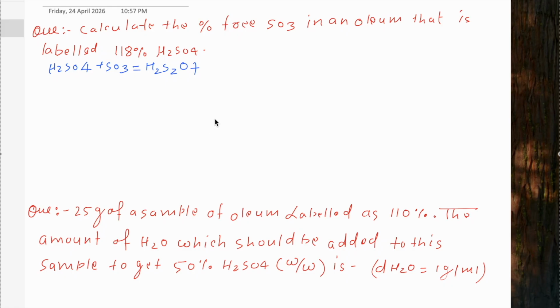Initially, weight labeled, means weight labeled H2S2O7.